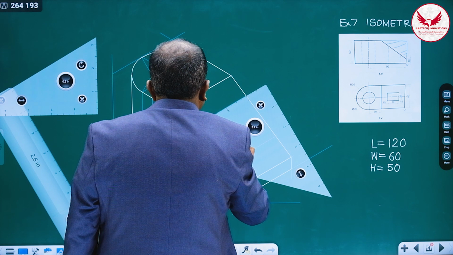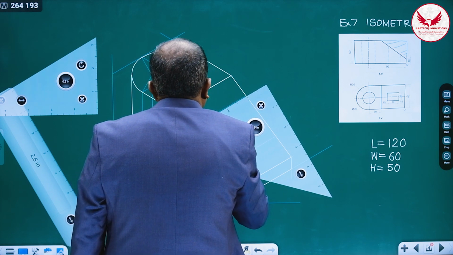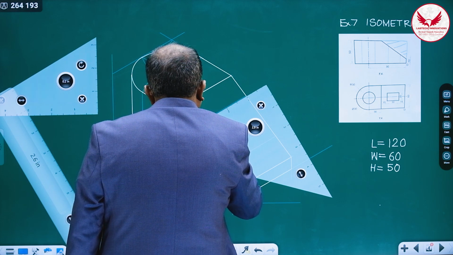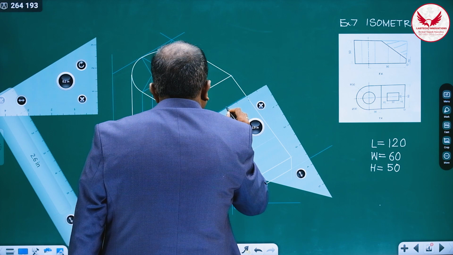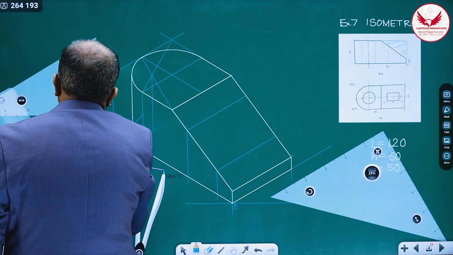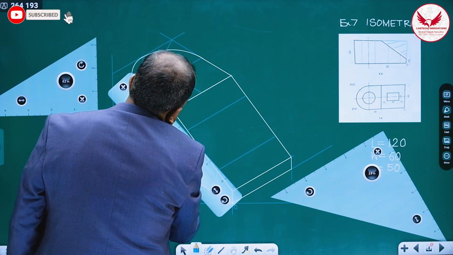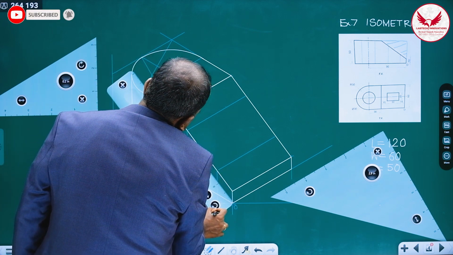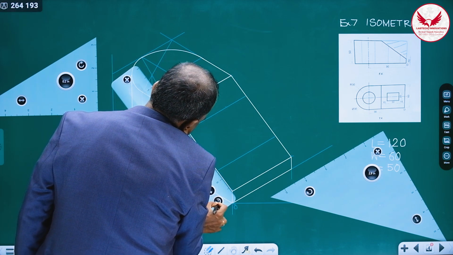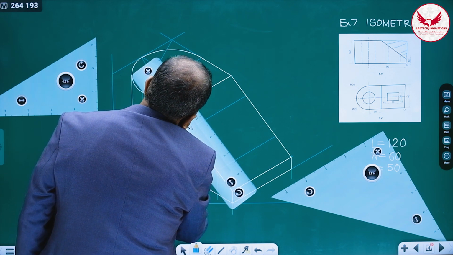So if it is overall 60, then on this isometric line, mark 20 over here, 20 over here, and directly we can mark a line parallel to this. Whatever this line is, a perfectly parallel line to it.